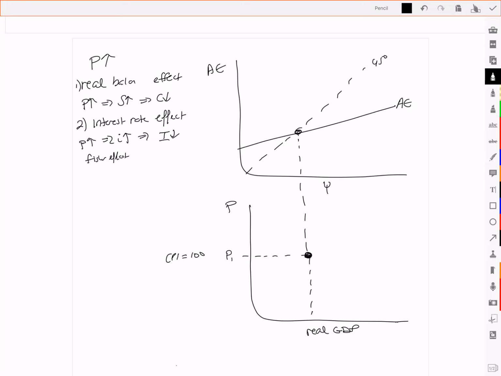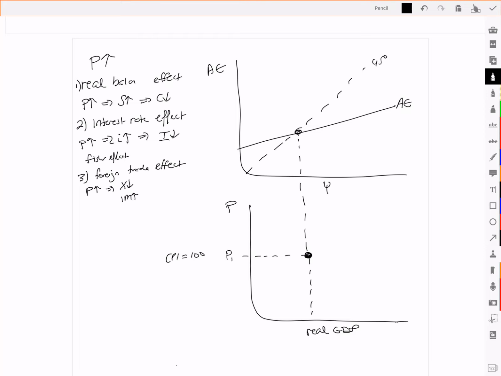The third thing that is impacted by price is what we call the foreign trade effect. The foreign trade effect says that when the prices go up, if Canadian goods are now more expensive, then people in other countries are going to buy less of our goods. And we're going to buy more of foreign goods because they're cheaper than what we have here.